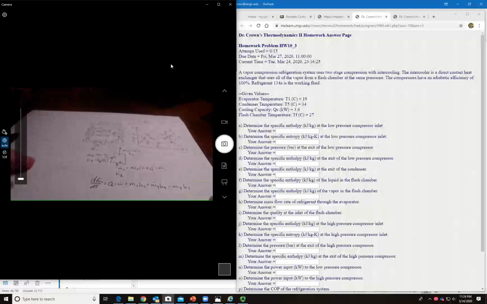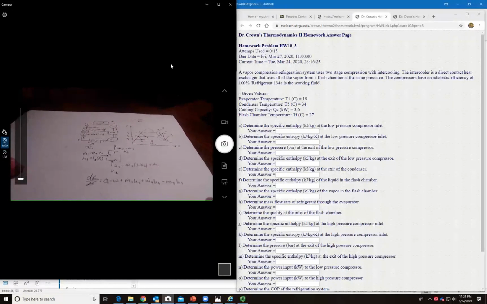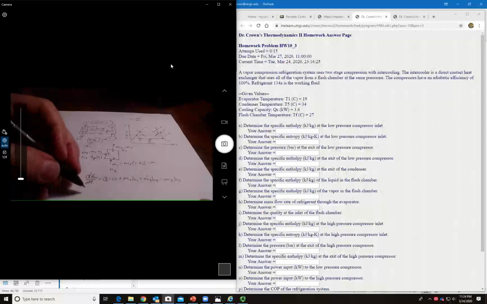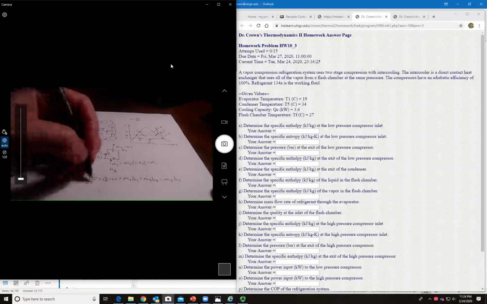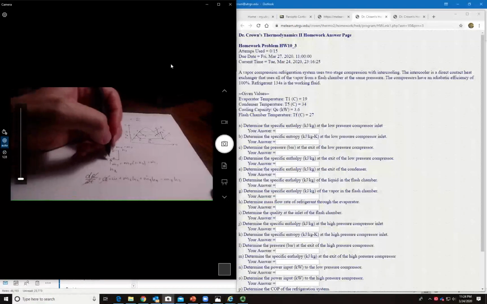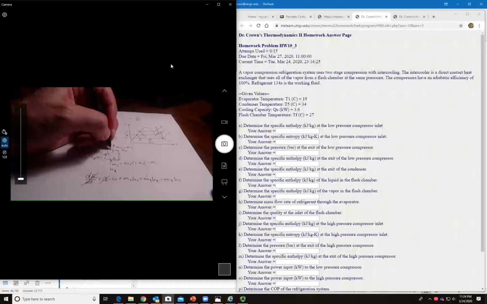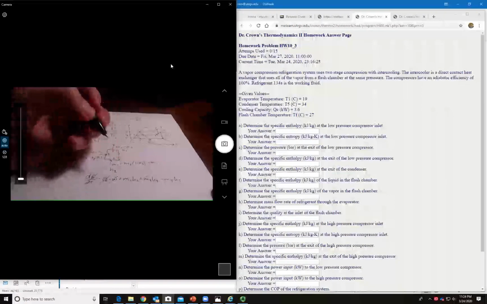Of course, we're neglecting change in kinetic and potential energy, so no velocity specified, no change in elevation. So steady state, no heat transfer across this boundary, no work.